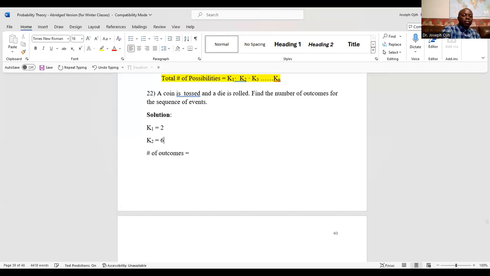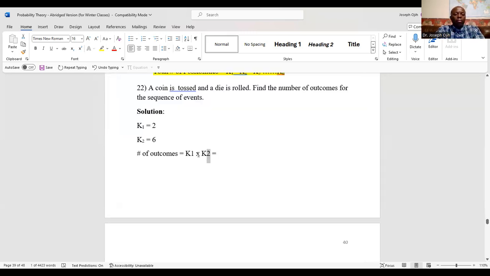So k2 is 6. So the number of possibilities will be k1 times k2, which will give us the number of possibilities in that sequence of events.